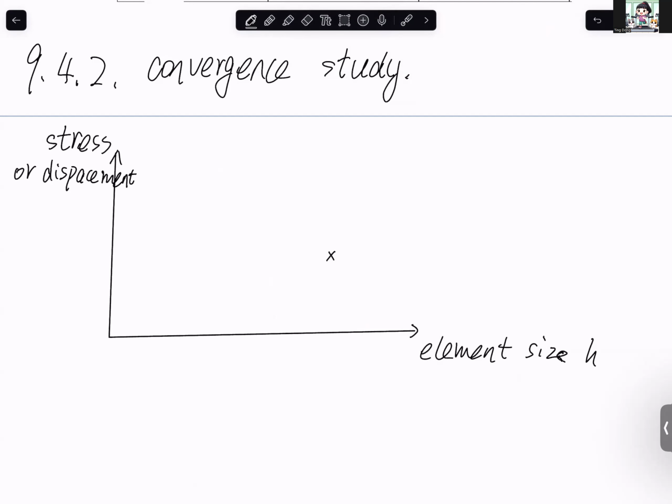This is the first data point, and then you're refining the element size, and keep doing it, and then you should be able to see a curve. Something like this. So these are the first 2 data points you tried.